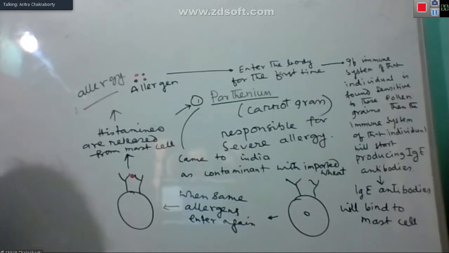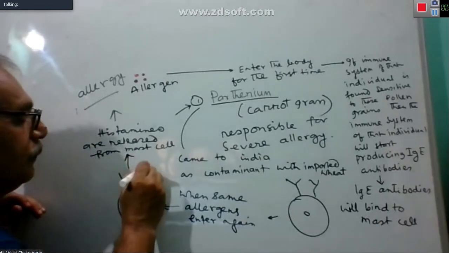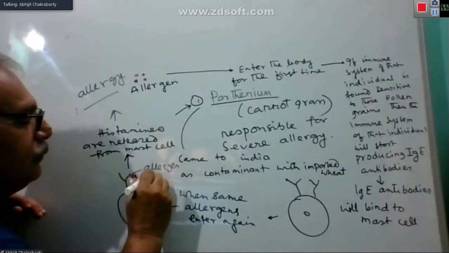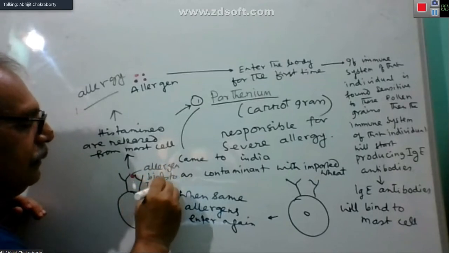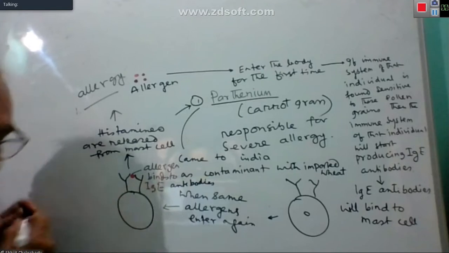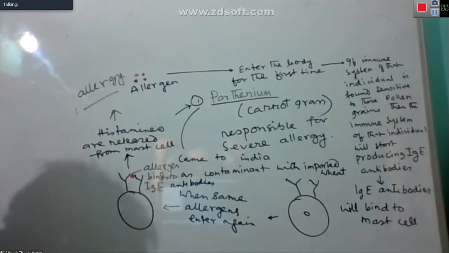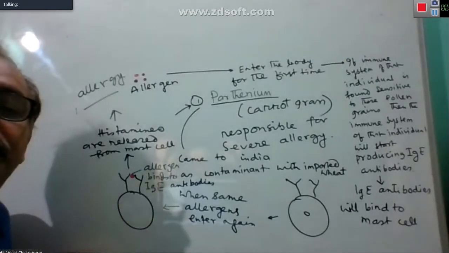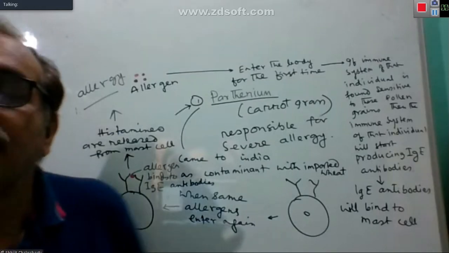The red dot in the diagram is the allergen. The allergen binds to IgE antibodies. Clear? Completed? Yes, sir.